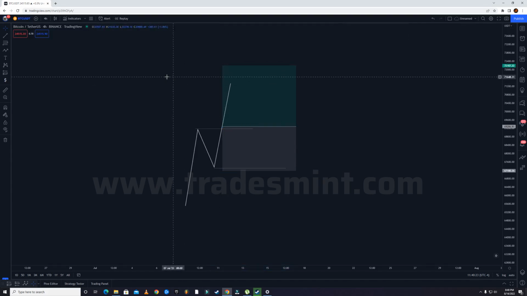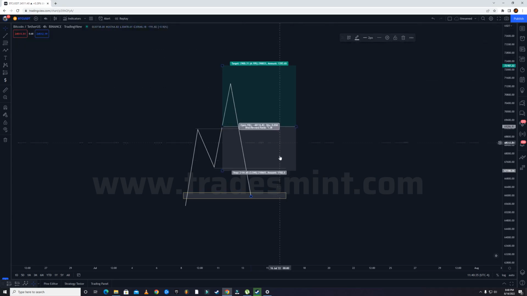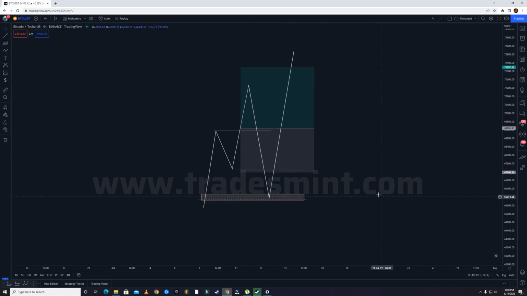And then in the future, the price can come back down to some order block here or demand zone, and then the price can just move back up like that. So it could be anywhere, but we need to identify the most important liquidity areas.